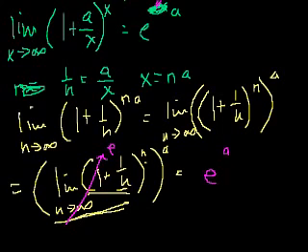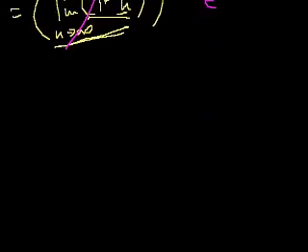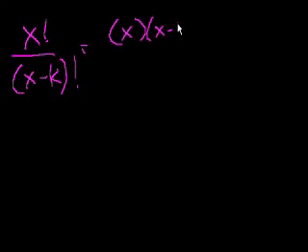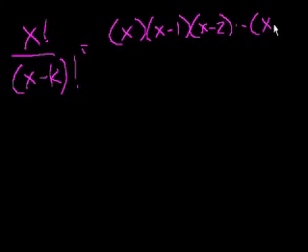And then one other tool I want in our belt, and I'll probably actually do the proof in the next video. The other tool is to recognize that x factorial over (x minus k) factorial is equal to x times (x minus 1) times (x minus 2) all the way down to times (x minus k plus 1).